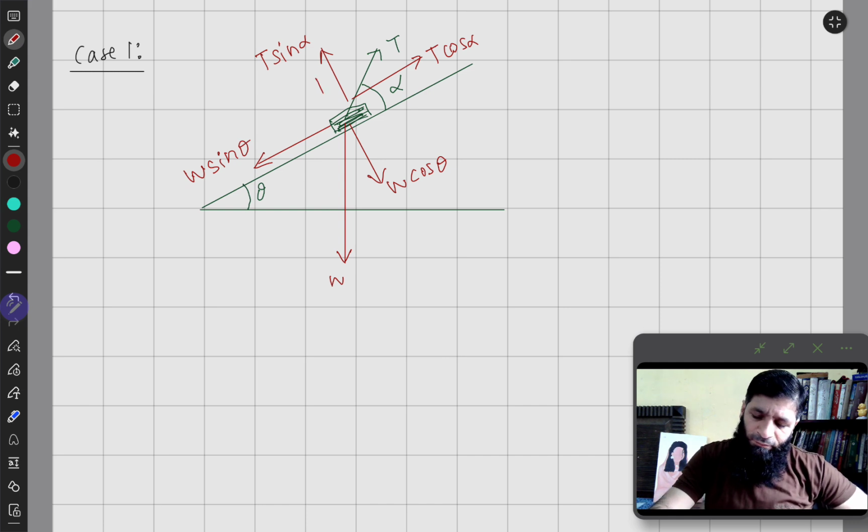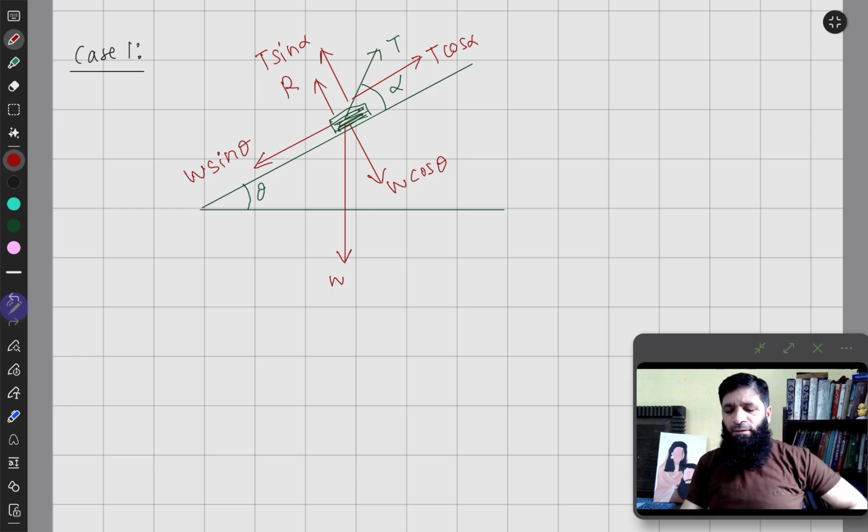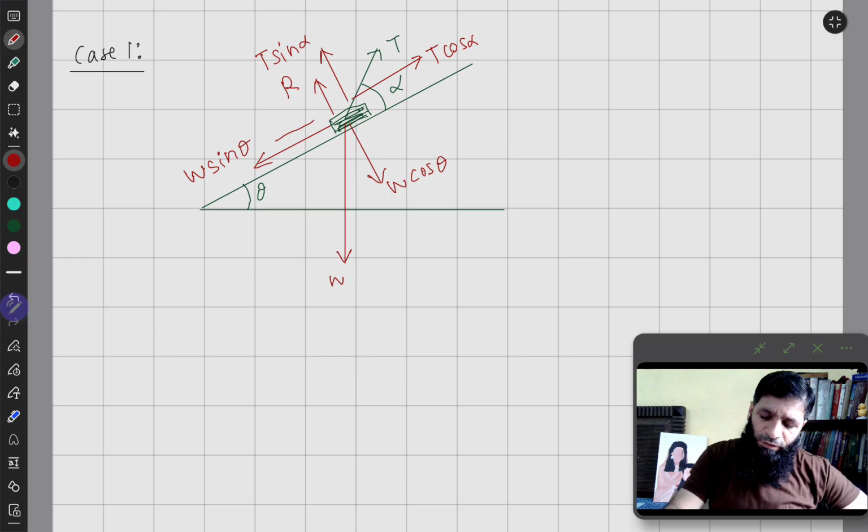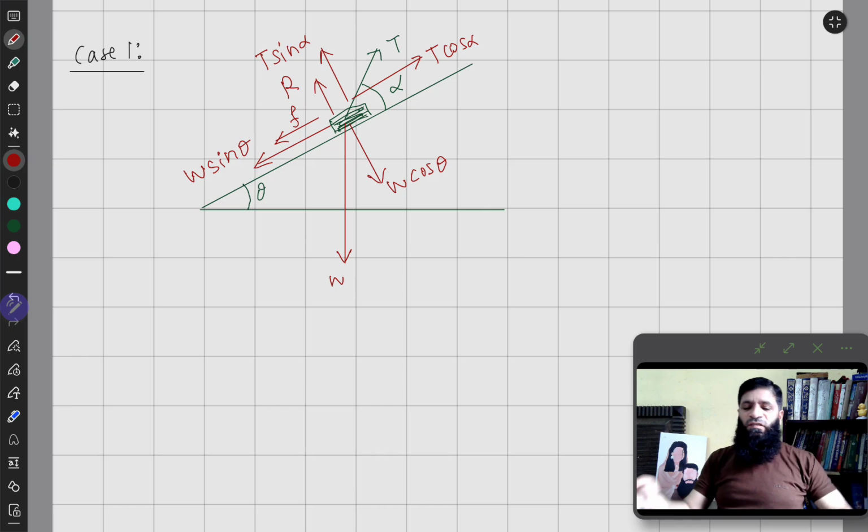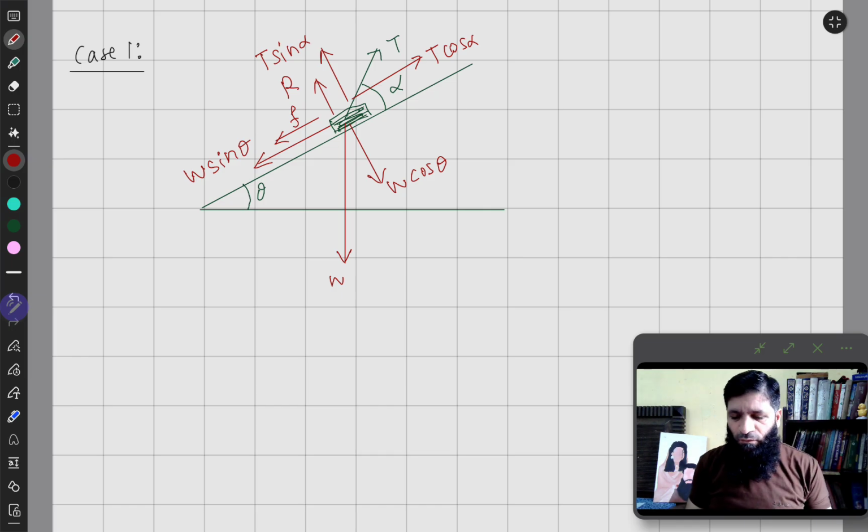Plus, you will have the normal reaction force, which is always perpendicular to the movement. And let's suppose the object is moving upward, then the force of friction will be downward. So these are all the forces which are either perpendicular to the movement or parallel to the movement.